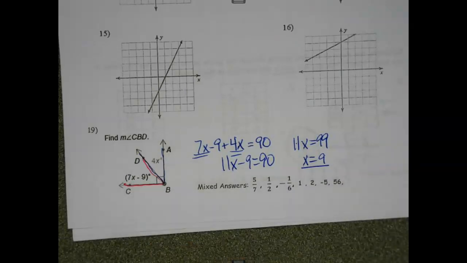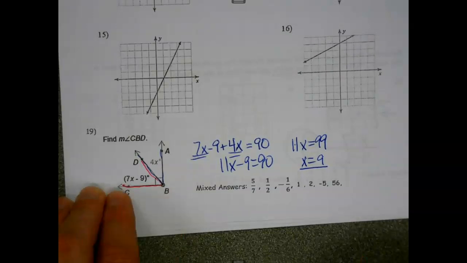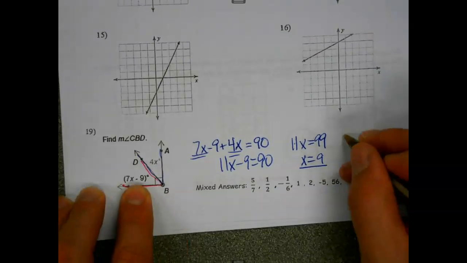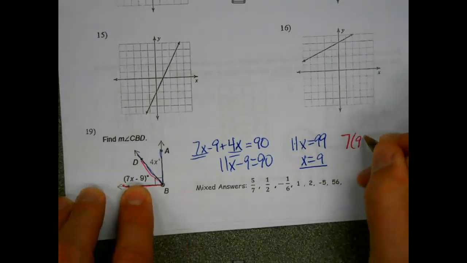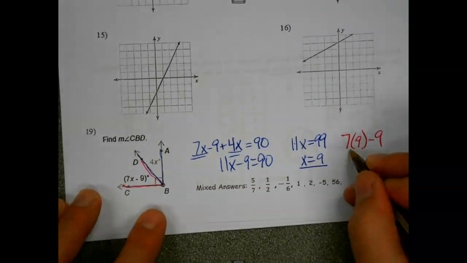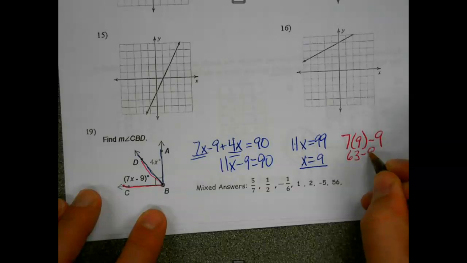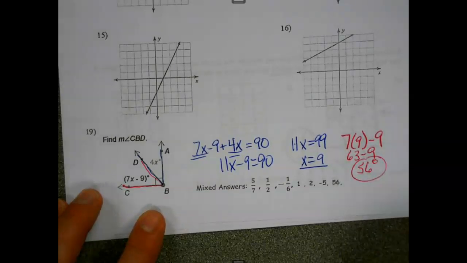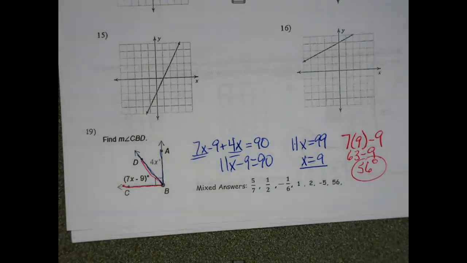It said find angle CBD. Well, there's angle CBD, so I need to plug in that 9 for the x there. And I think, yeah, we're not going to end up with 45s this time. CBD is 56, and I could still figure out ABD pretty easy from that too.